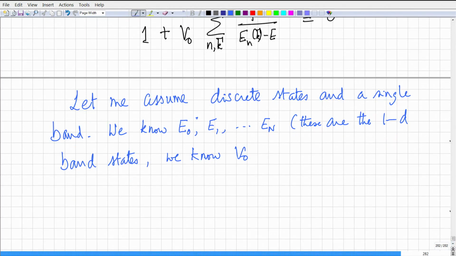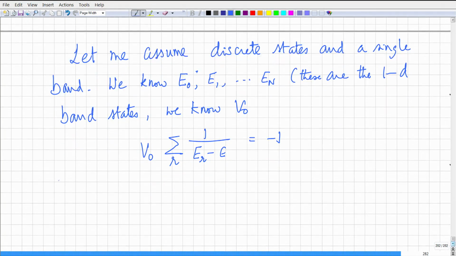Once we know those things, we can rewrite the equation as V naught sigma over R, 1 upon ER minus E, is equal to minus 1.